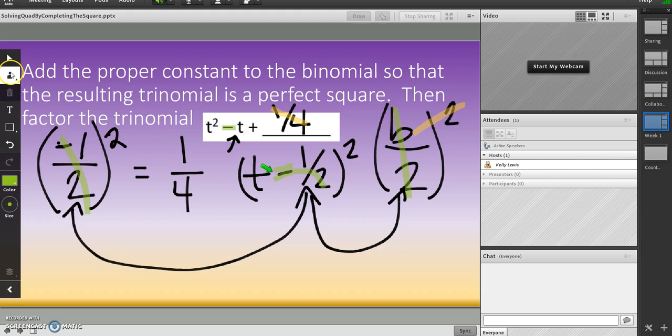And notice if you took 1/4 and you took the square root, square root of 1 is 1, square root of 4 is 2. So you happen to get that as well.